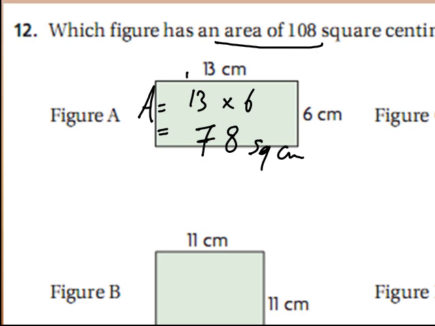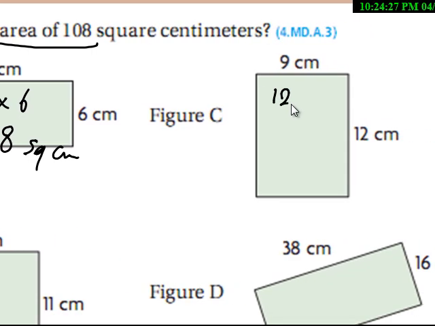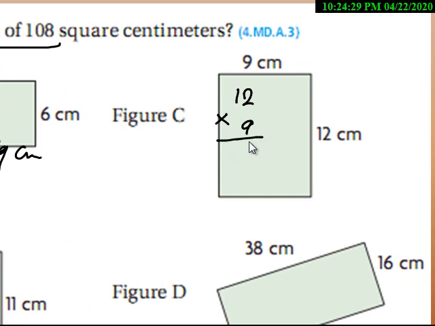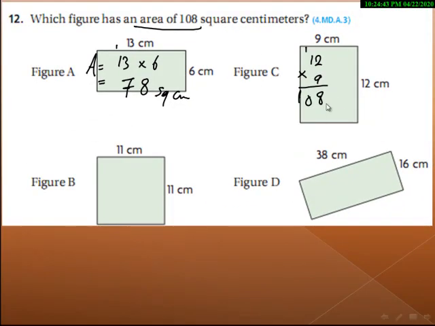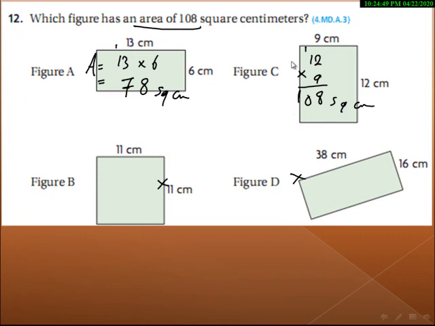Let's see this one. 12 multiply 9. 9 by 12 equals what? 9 by 2 equals 18. 8 and carry up 1. 9 by 1, 9 plus 1, 10. I found it. 108. 108 square units. So I don't need to complete here and here. My answer is figure C.